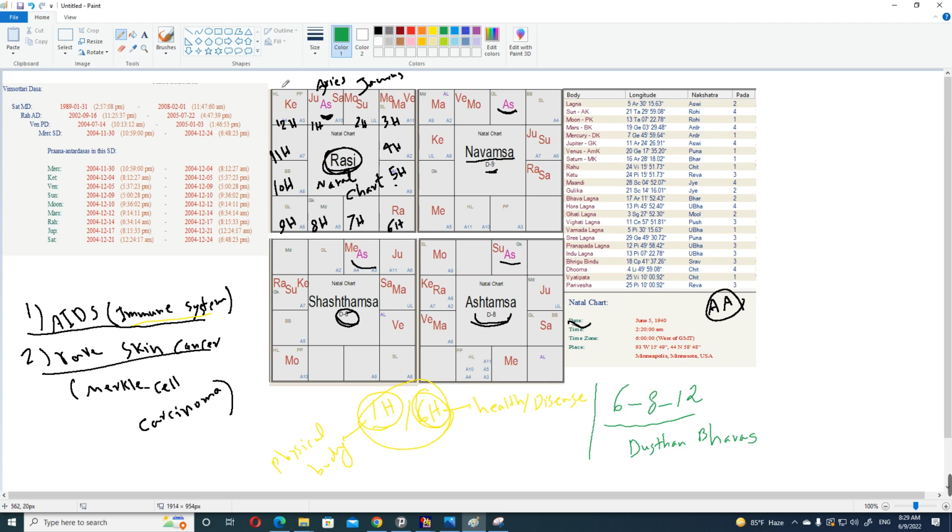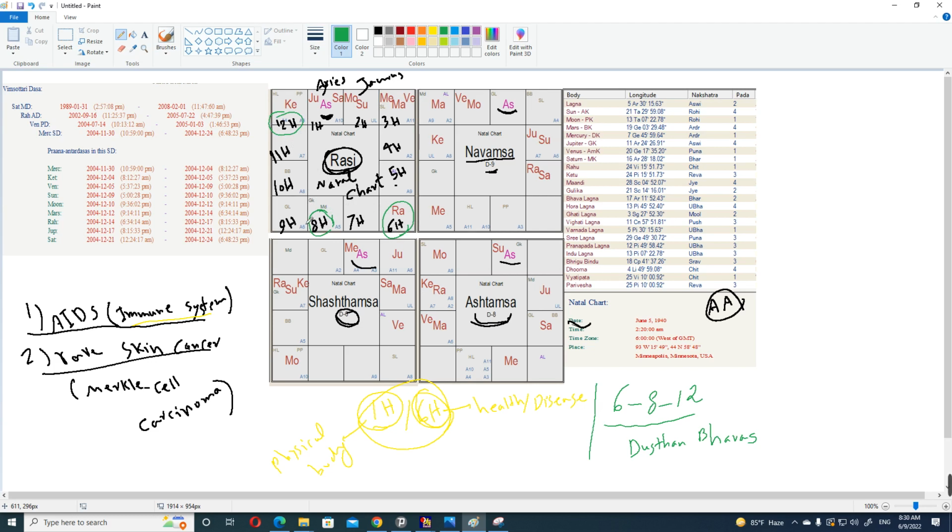Then here, this is the first house, this is the 6th house, that is Virgo. This is the 8th house, that is Scorpio. And this is the 12th house, that is Pisces. These 3 houses are connected to the disease, and we are going to check their positions and their lords and their effects on the houses and planets.